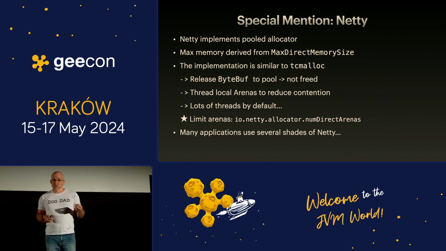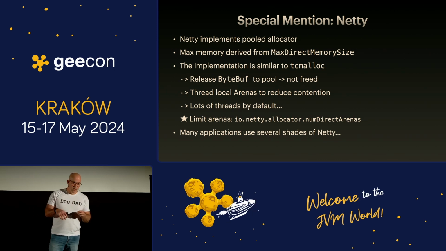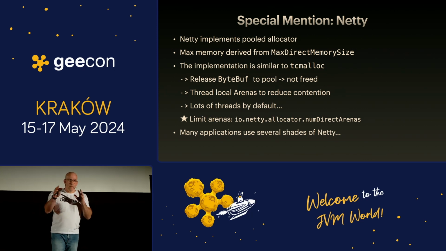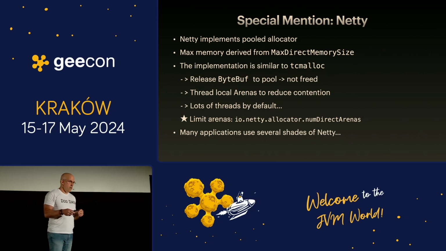Clients, by definition, they probably need 1 thread, but they're using multiples of your cores, and they all have their own package names because they've shaded Netty into them, and so you need to take this setting and rename it according to where they shaded it. Great fun. Yeah, try and not have shades of Netty. It'll reduce the amount of resources you use.